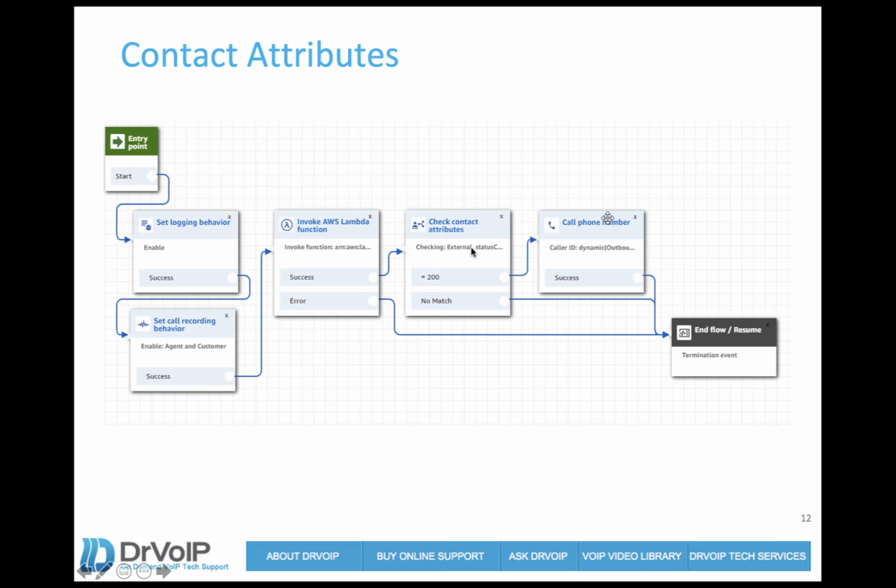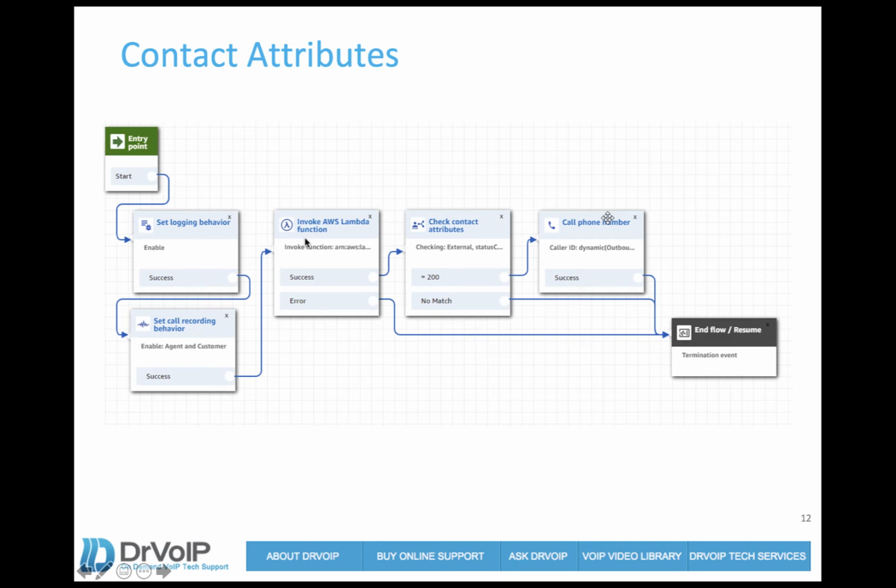And we might then use the check contact attributes to look at the information that we brought back in this Lambda function. And then we want to perhaps, in this case, call a phone number.